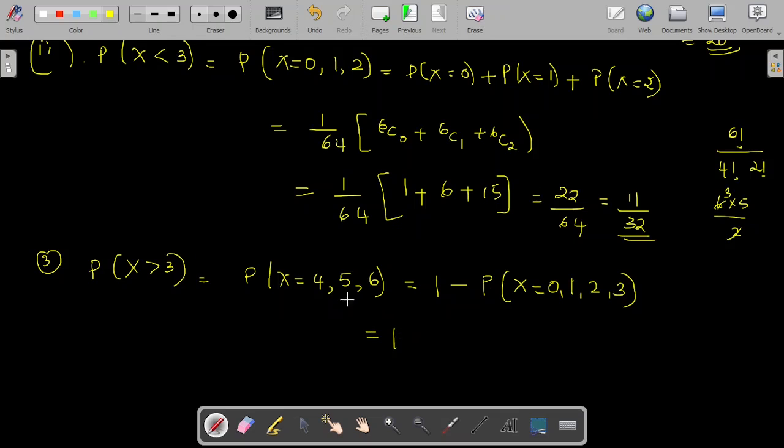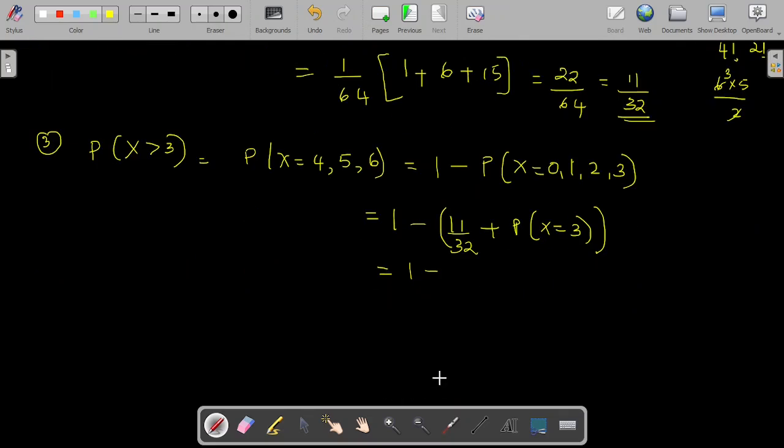Why have I done this? Because otherwise I have to find out individually. That is also fine. You can find x equal to 4, x equal to 5, x equal to 6 individually. But I already have this value here, 11 by 32. Plus I just have to find the probability at x equal to 3, because till x equal to 2 I have already found it.